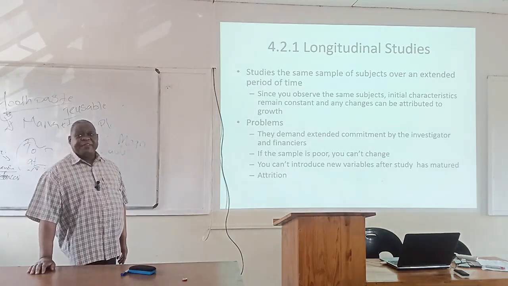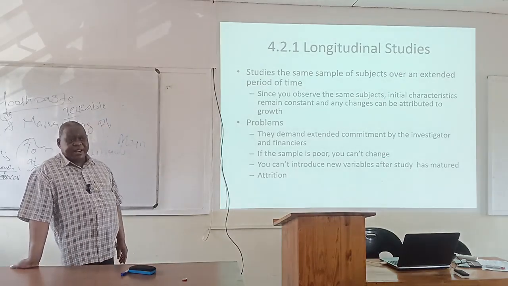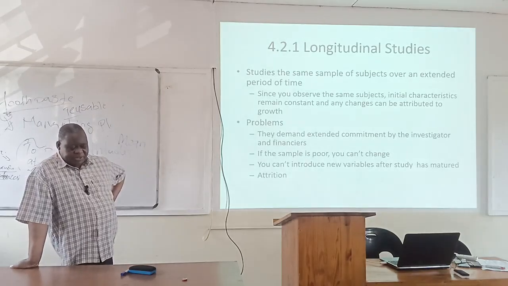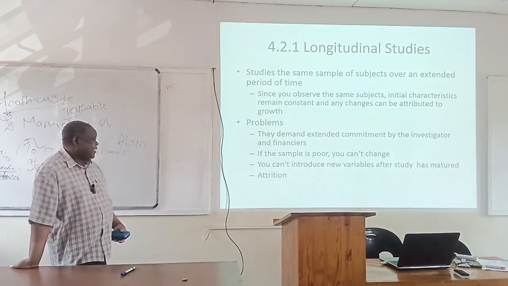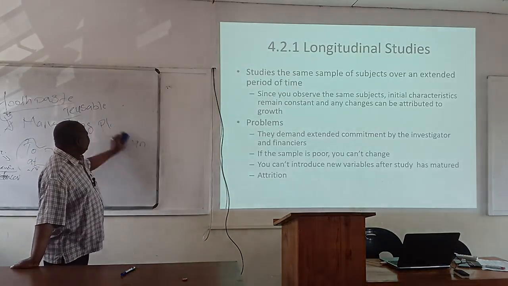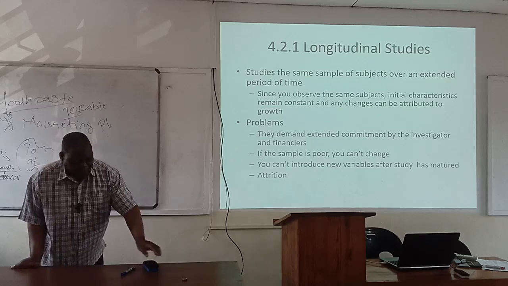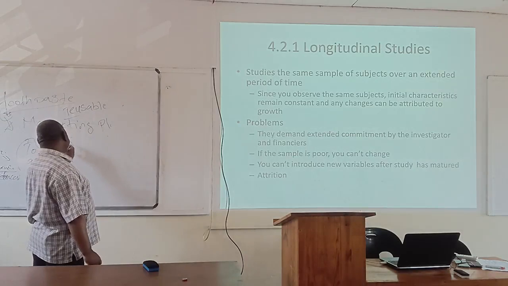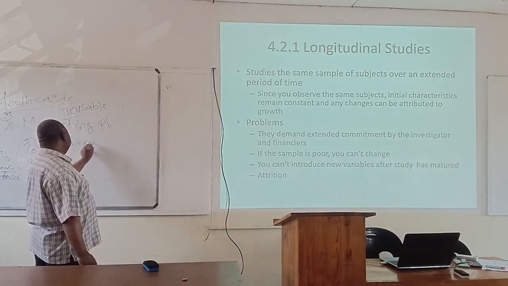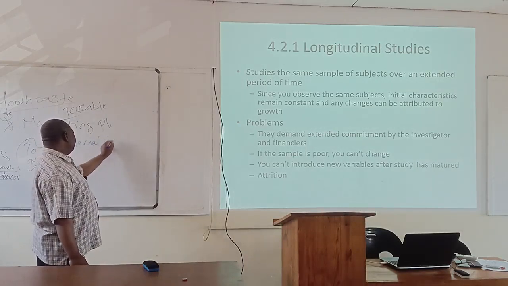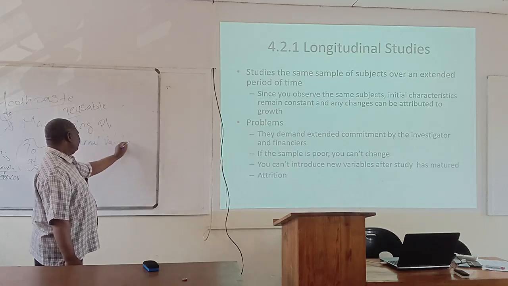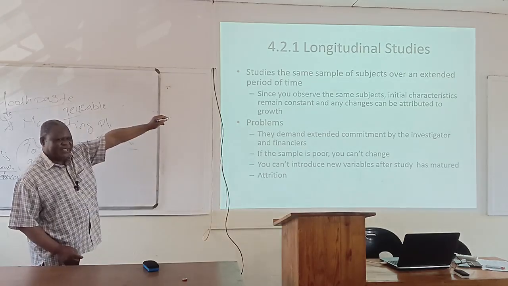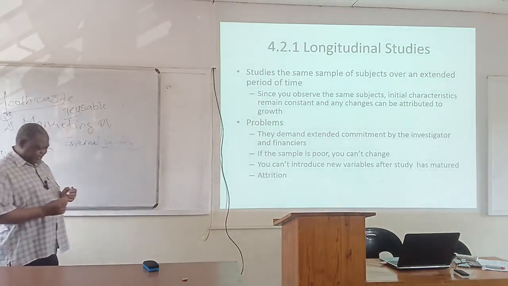So, attrition can affect your ability to generalize your results, which is referred to as a problem of external validity. This validity here is not the same as the validity we have talked about earlier on.